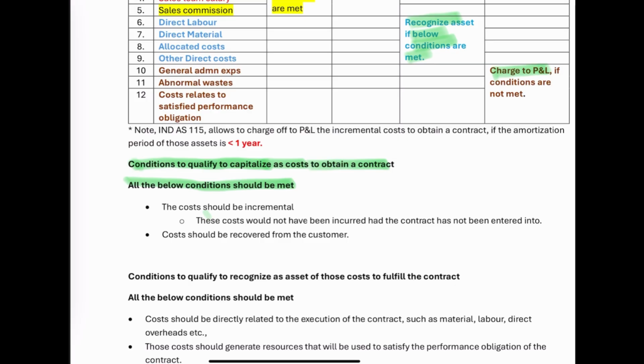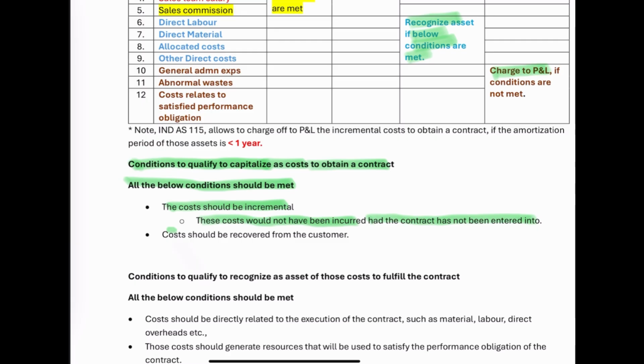The first condition is that the cost should be incremental, meaning these costs would not have been incurred had the contract not been entered into. So there should be a one-on-one correlation between the cost incurred and the contract. In that case, it can be qualified to be capitalized as a contract asset.